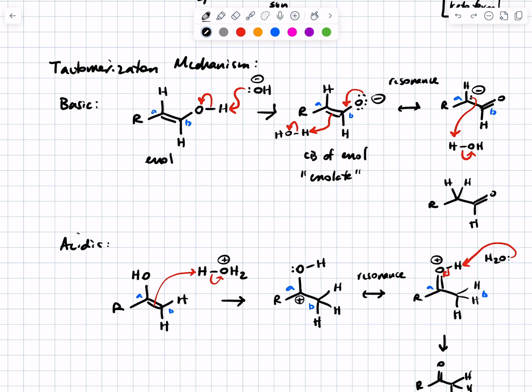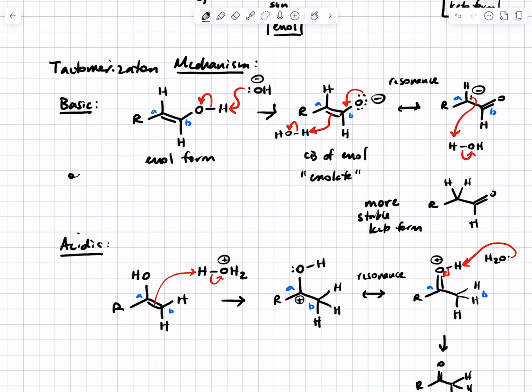Tautomerization, as I said, happens because it gets you from the less stable enol form of a product to the more stable keto form. That's the driving force. So that's why. How is an issue of mechanism, and it can happen in one of two ways. It can happen under basic conditions or under acidic conditions with similar efficiency.